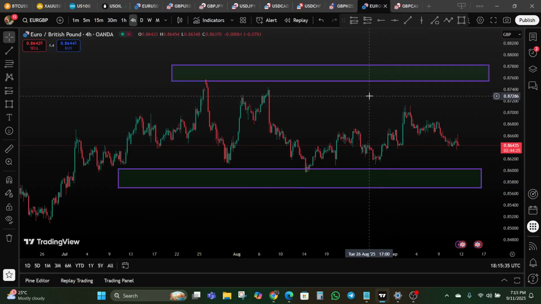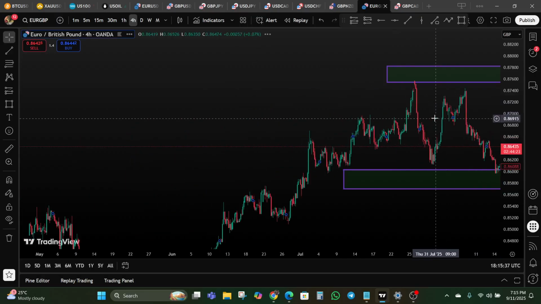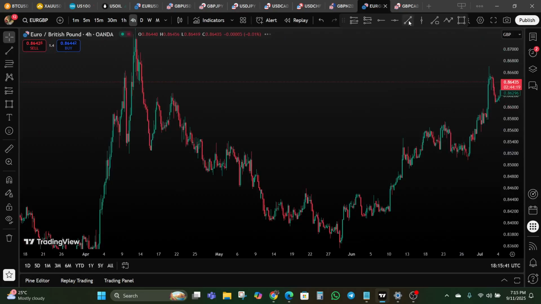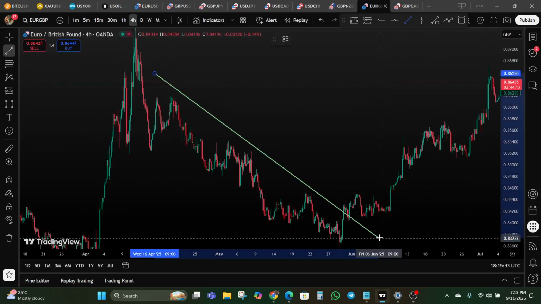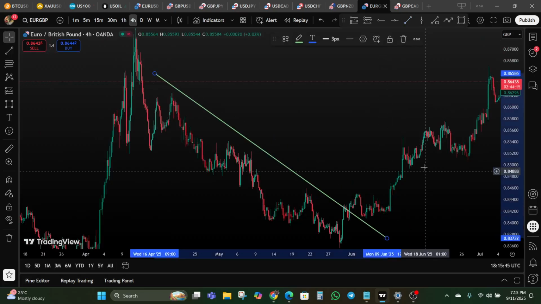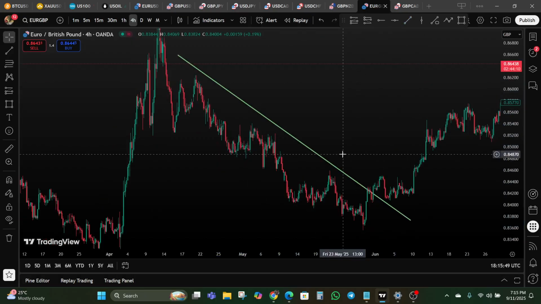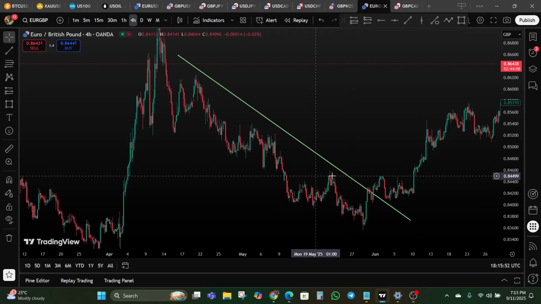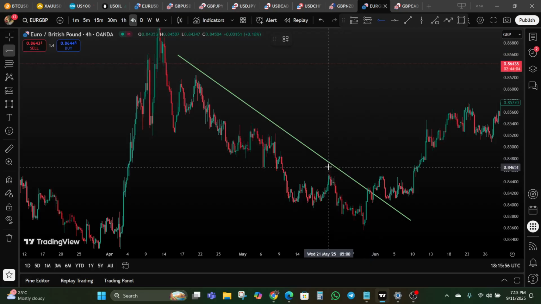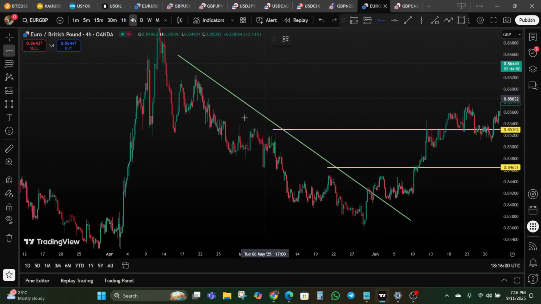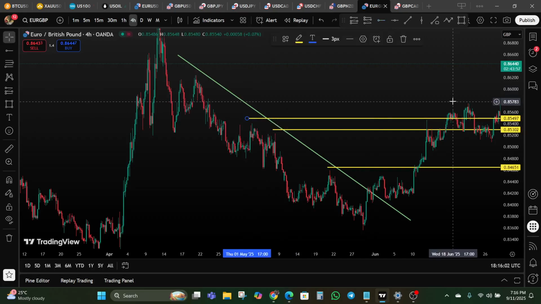For example, when price is trending down, let's actually look for a valid downward trend. So when price is trending down and retail traders keep selling, their stop losses build up above recent highs, right?